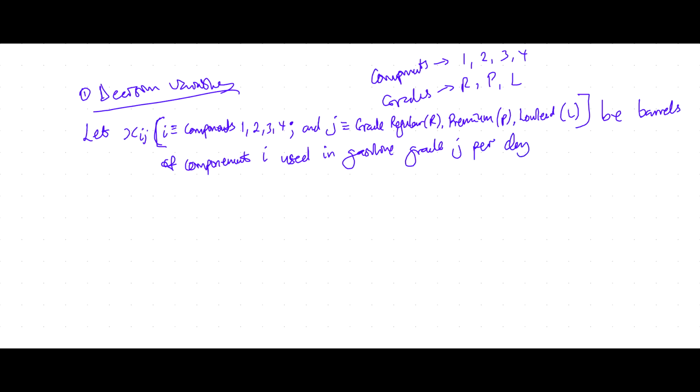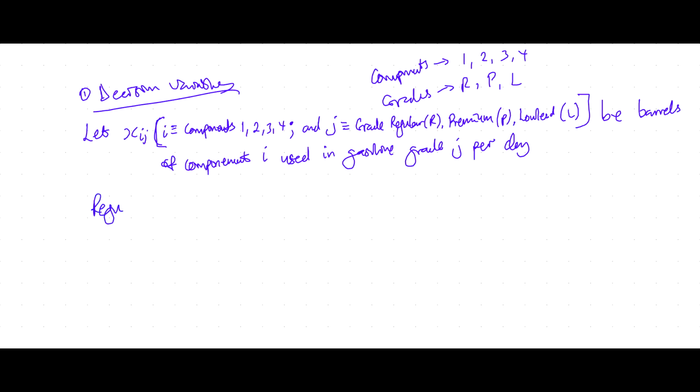You see that if we get the combination of decision variables, we are going to have 12 decision variables. What are they?